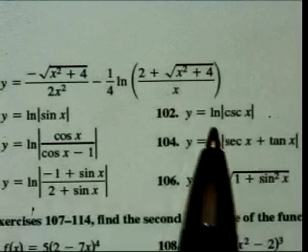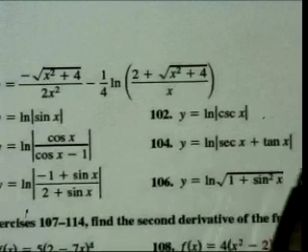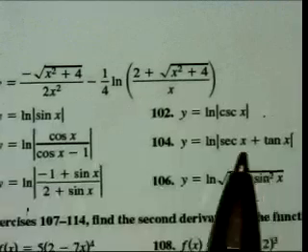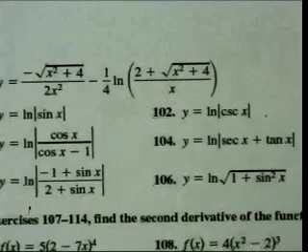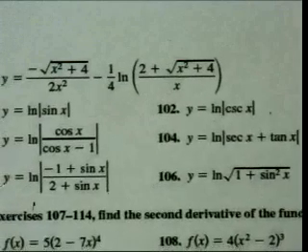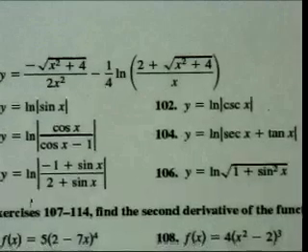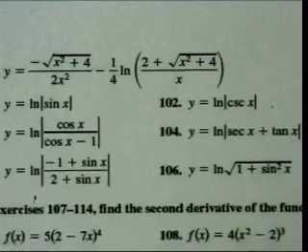With those absolute values there, I can let x be anything for which secant and tangent are defined. Even if that gives me a negative, I'm going to take the absolute value before I take the natural log. So again, the absolute value symbols do not affect the derivative. It just affects the domain of that expression, what you can let x be.